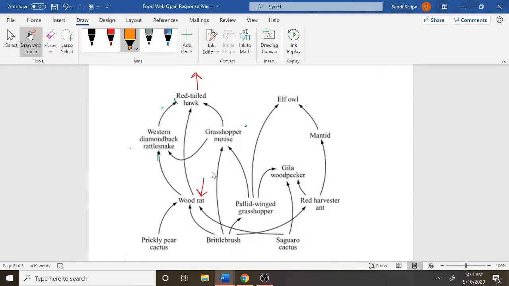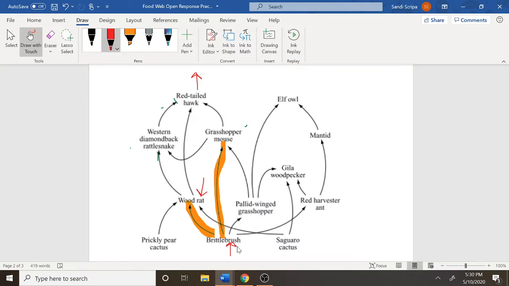The only way that I've found that this question really works is because wood rats are eating brittle brush. If they're eating the brittle brush, right, less wood rats would mean that there's more of that plant. That plant is not only being eaten by wood rats, but it's also being eaten by the grasshopper mouse.